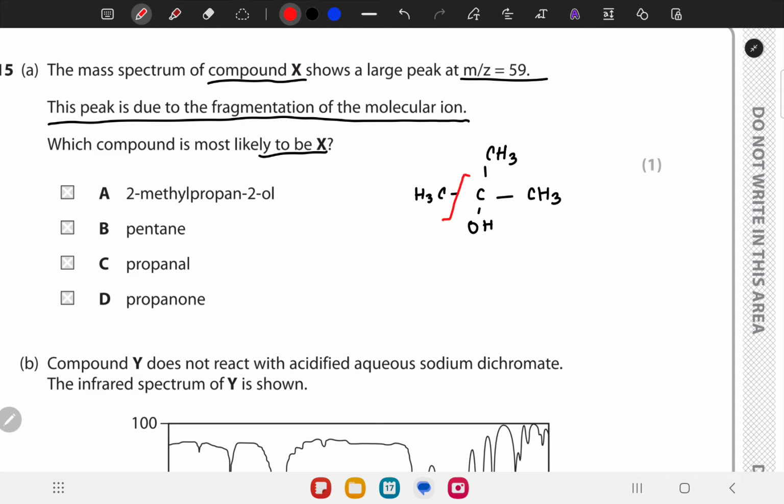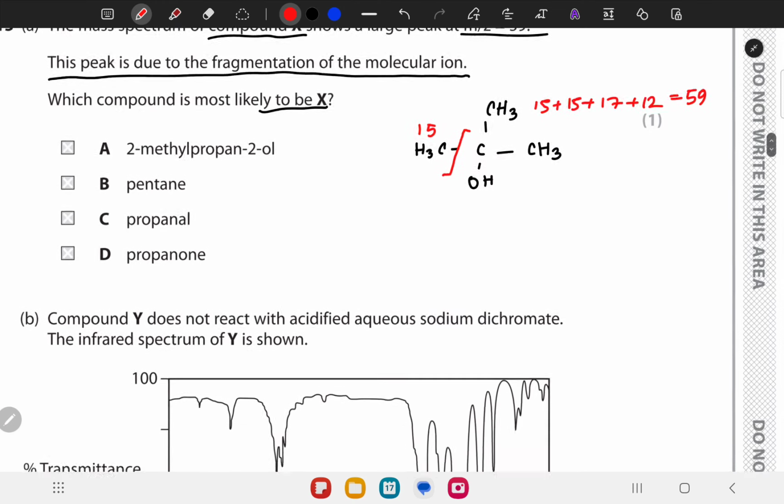If we break this, this is 15 and this is 15 plus 15 plus 17 plus 12. This will form a peak at 59.